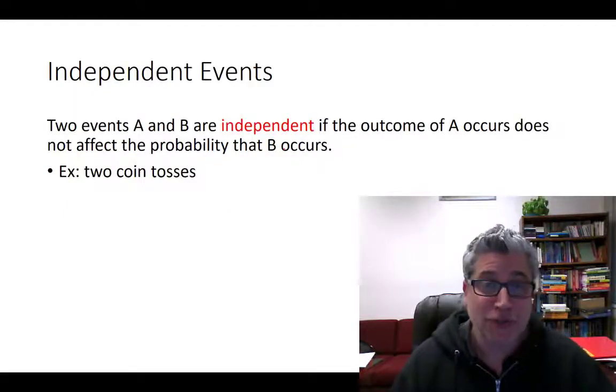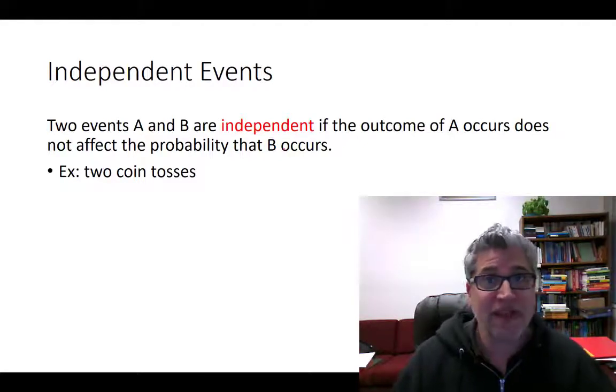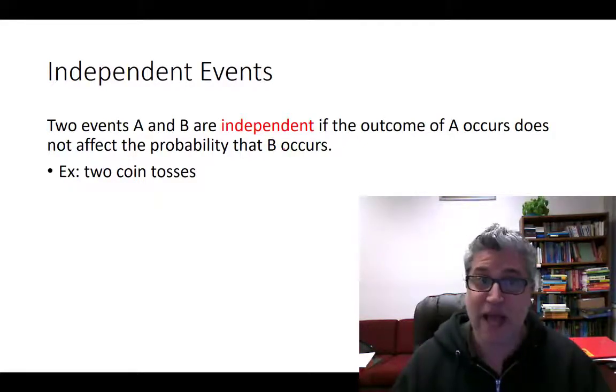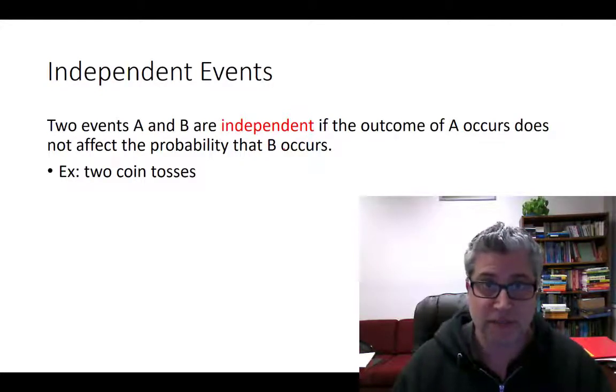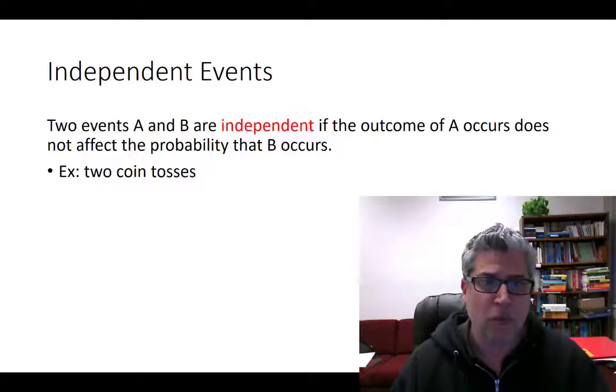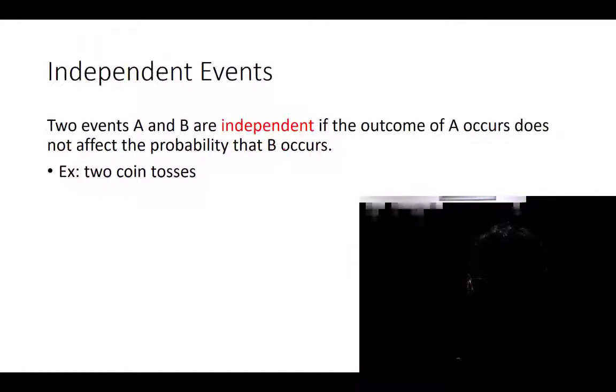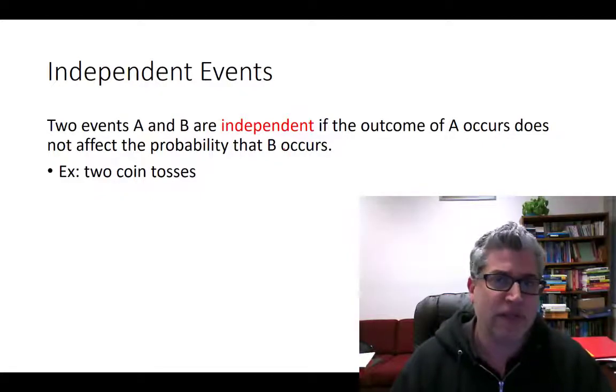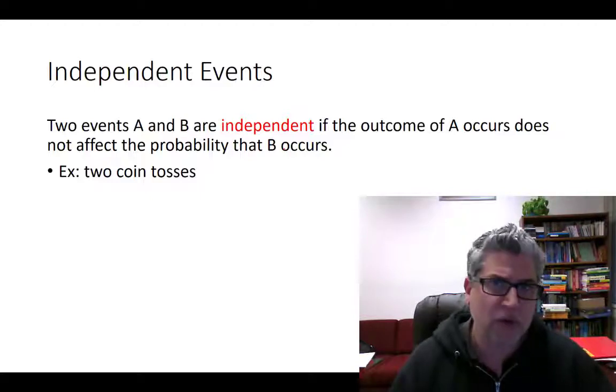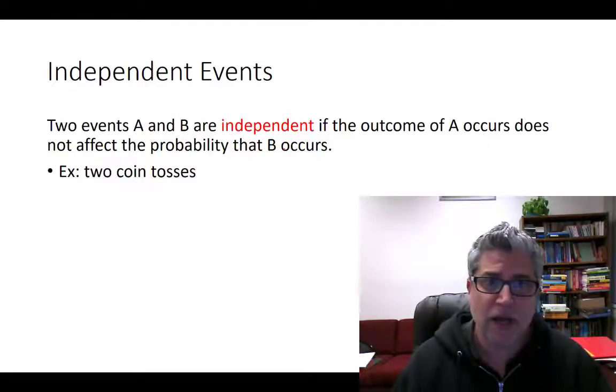As a reminder, two events, A and B, are independent if the outcome of A doesn't affect the probability of B happening at all. Classic example, two coin tosses, or three coin tosses, or four. I don't know whether the coin is fair or not. We've got one coin. Now, if I flip it 5 times and it comes up heads, what's the probability that it'll come up heads a 6th time? Now, I'm not sure.